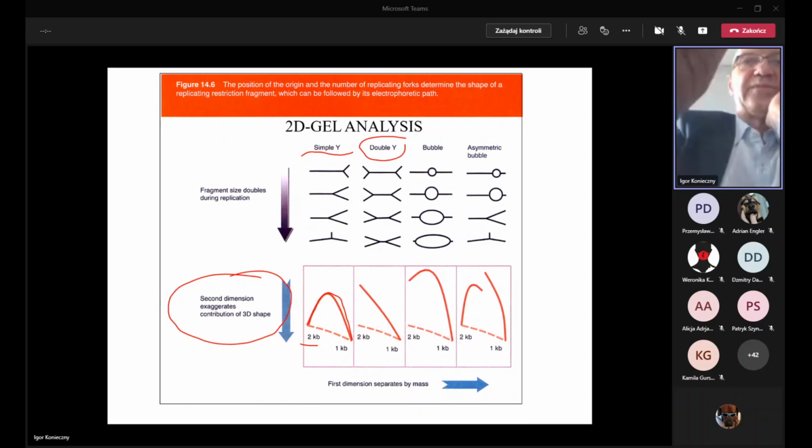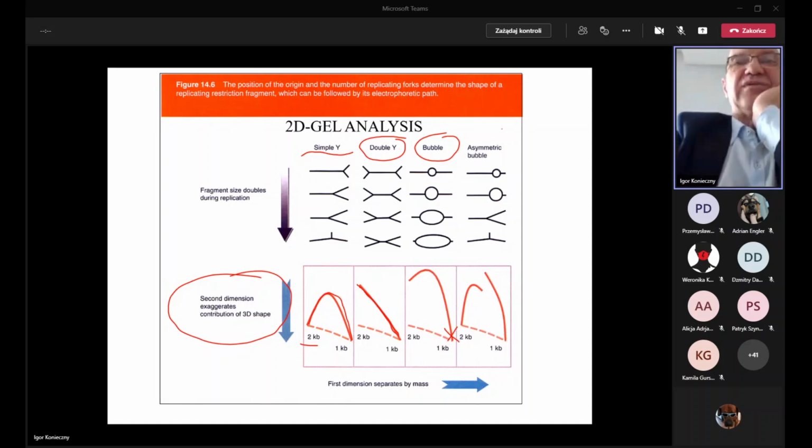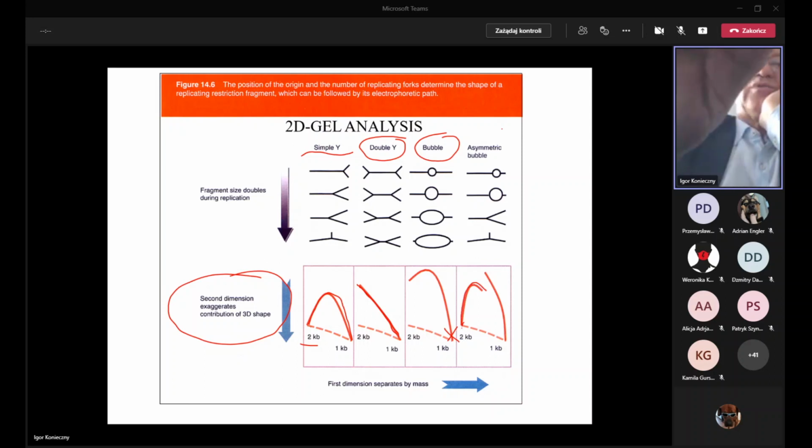Double Ys, this kind, and then bubbles. The big bubbles in here, and small bubbles in here. Then asymmetric bubbles. What is this thing? This thing actually is a Y, but up to this position.